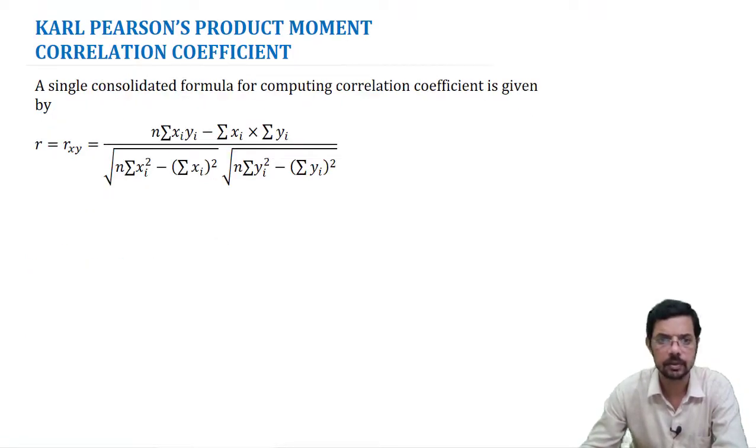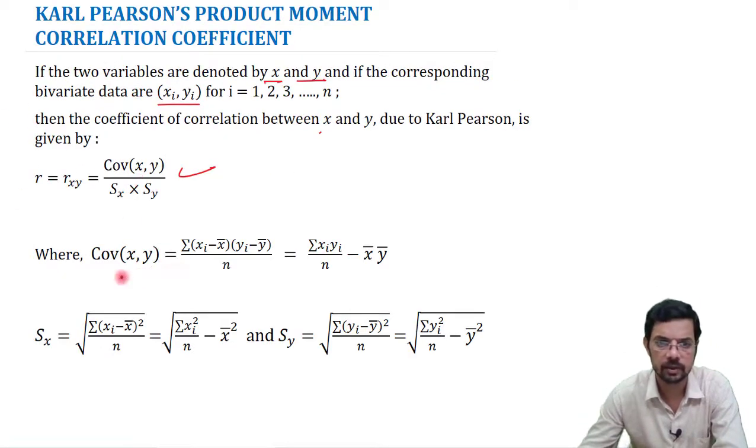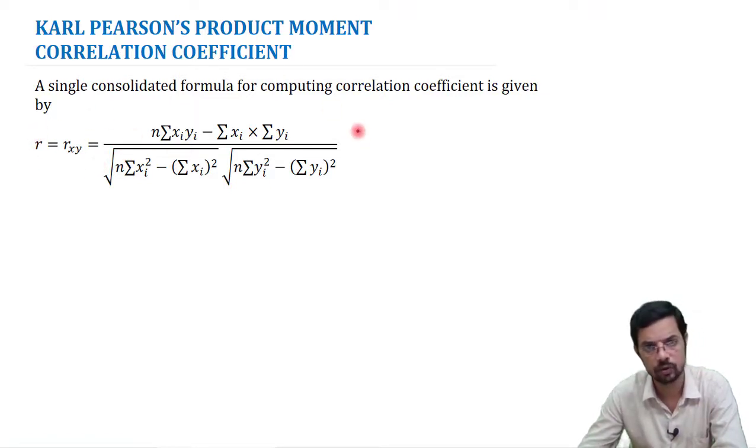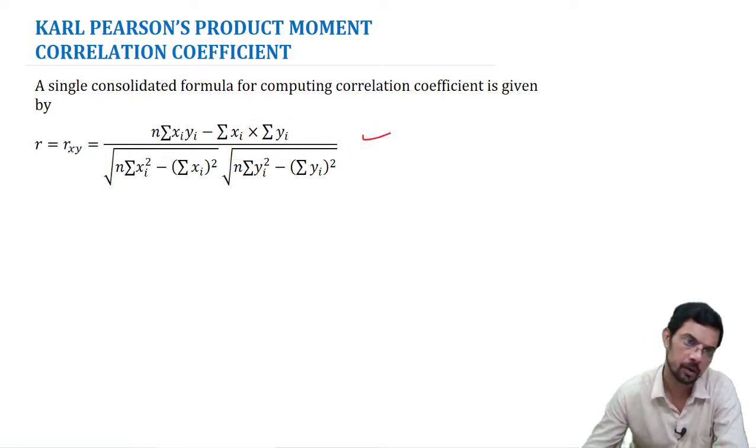Next, this is a consolidated formula. There are many things to calculate here, but instead, if you use this formula, we can directly find out the correlation coefficient. So, this formula is preferred. We shall be solving problems based on this formula to find out the Karl Pearson's coefficient of correlation by the given conditions.